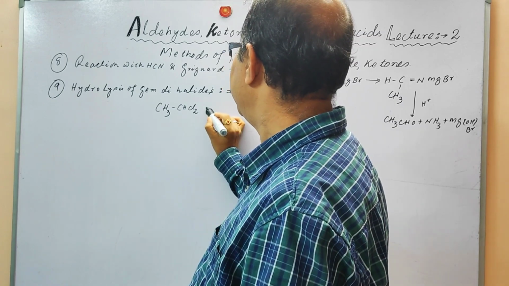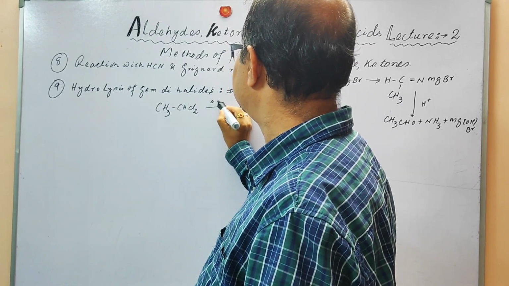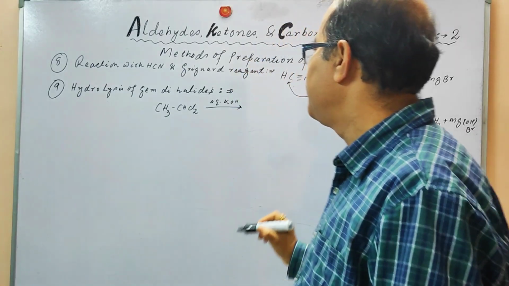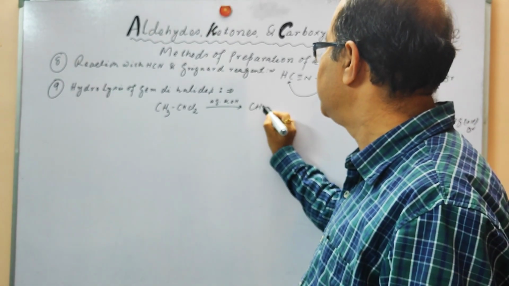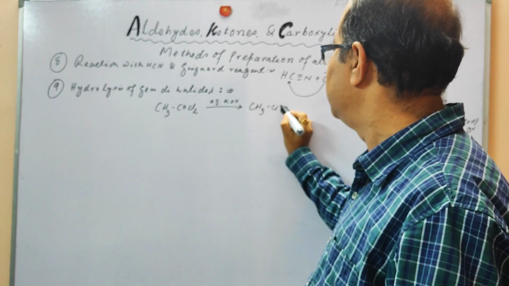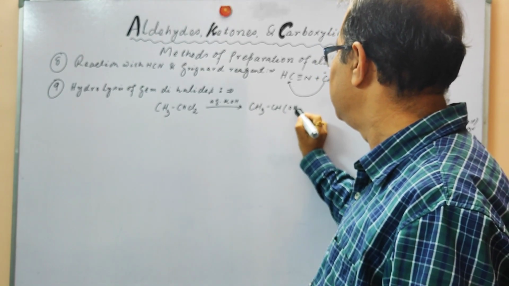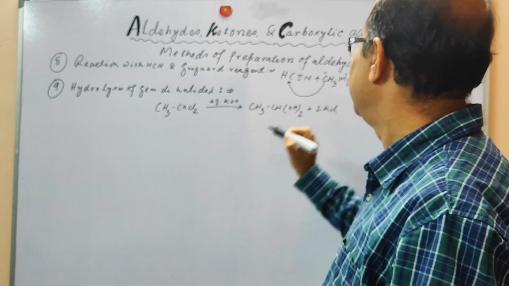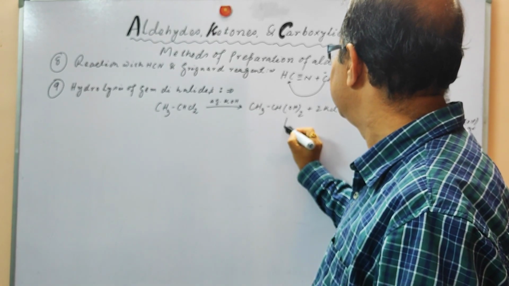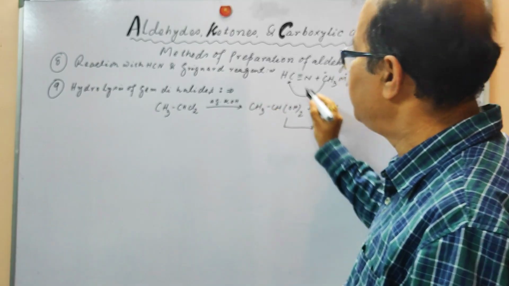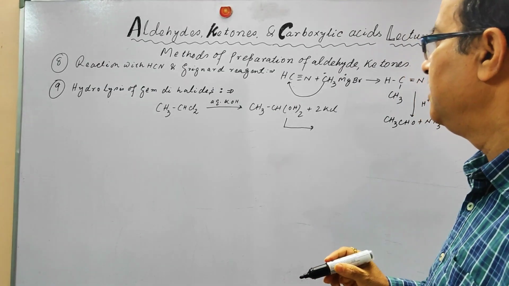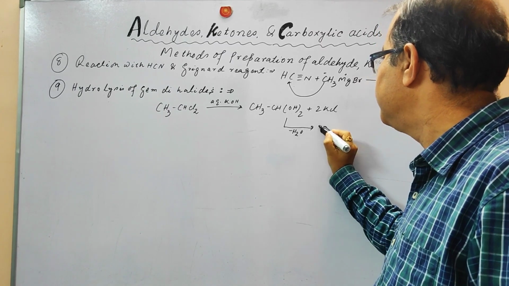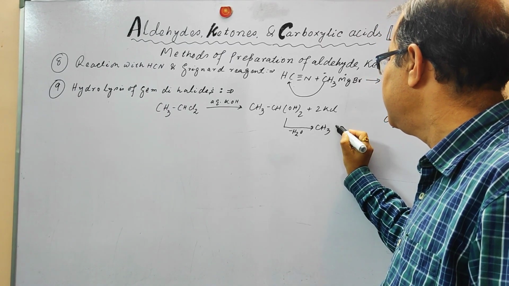When it is hydrolyzed in presence of aqueous KOH, it is going to produce an unstable product plus 2KCl, and this product is not stable. So it will lose one molecule of H2O and it is going to produce acetaldehyde.